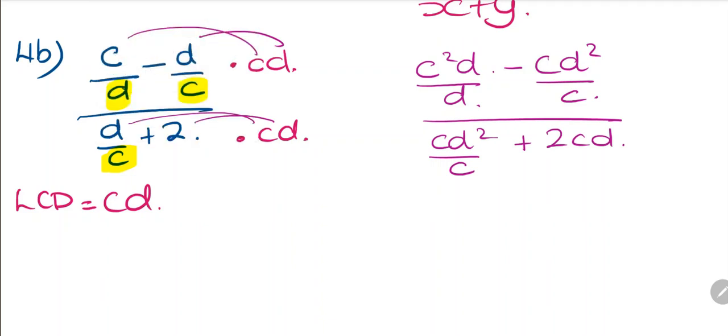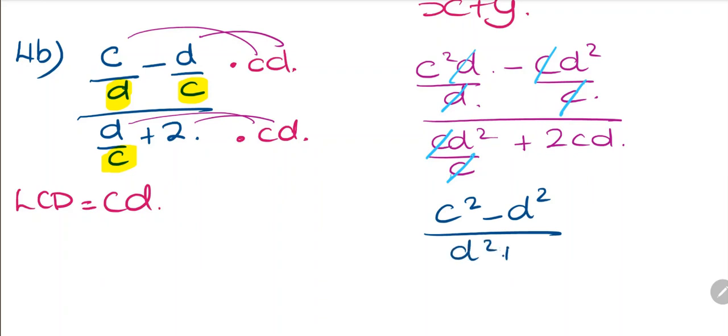So we can cancel this C with the C, this D with this D, this C with this C, and then we are left with, on the numerator, C squared minus D squared, and on the denominator, D squared plus 2CD.